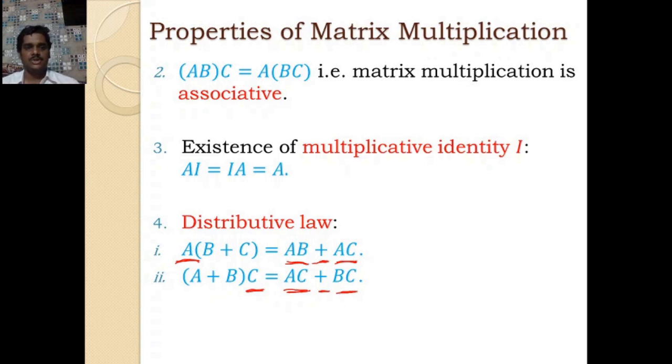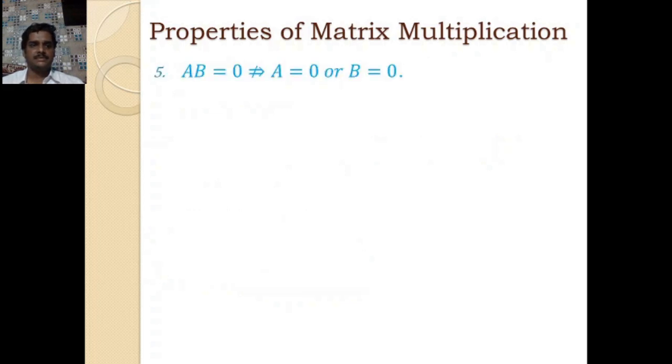Okay, so matrix multiplication distributes over matrix addition from both sides, left side as well as right side, from pre as well as from post. Okay, let's see the next property.